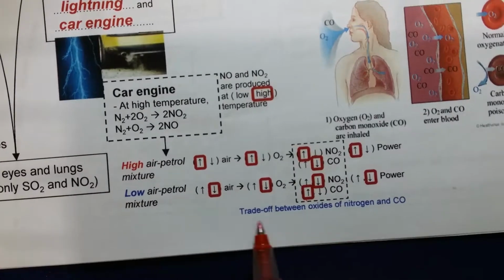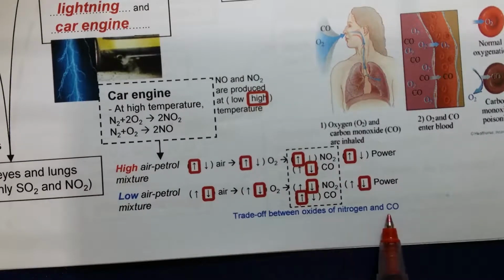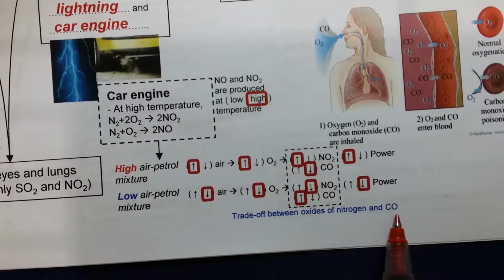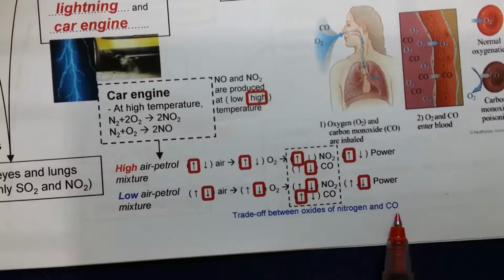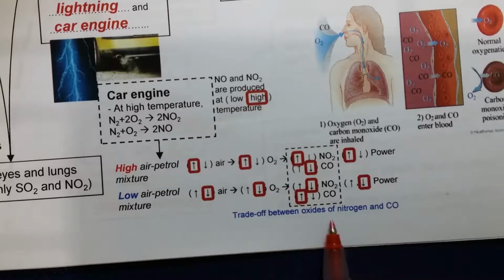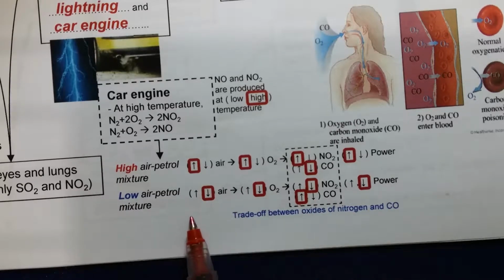Okay, so this is the trade-off between the oxides of nitrogen and carbon monoxide. Either way, air pollutant will be produced. Just a matter of whether there will be a lot of carbon monoxide or a lot of oxides of nitrogen. So this is a trade-off that the manufacturers of the car engine will encounter in terms of making the car engine more environmentally friendly.